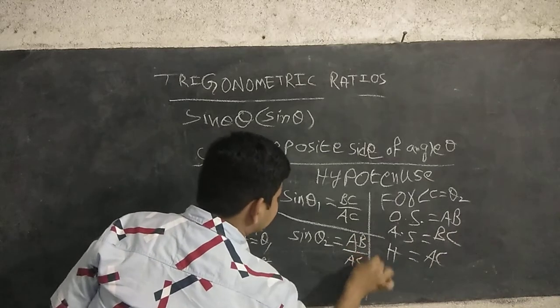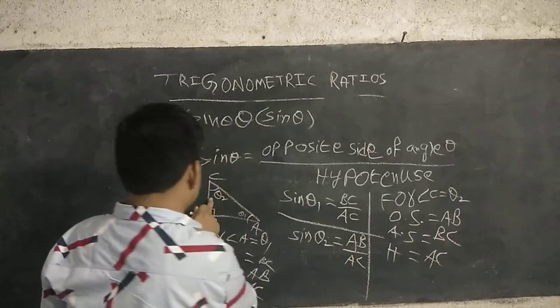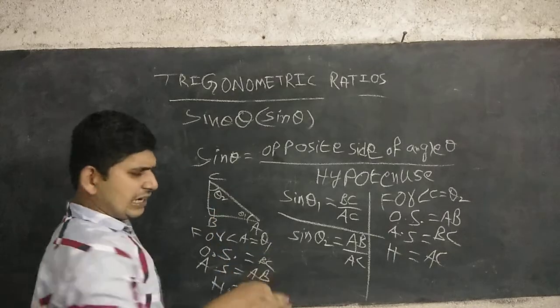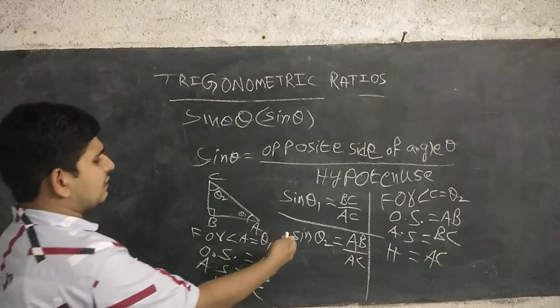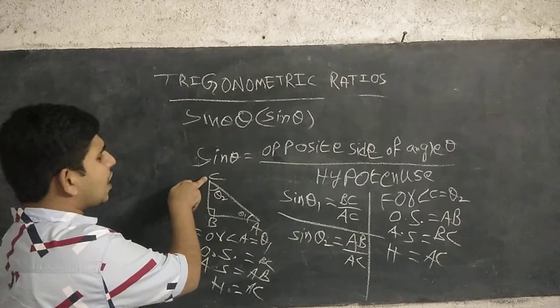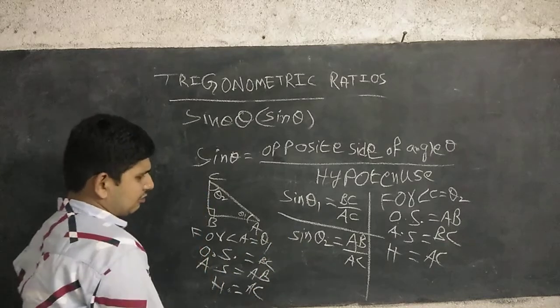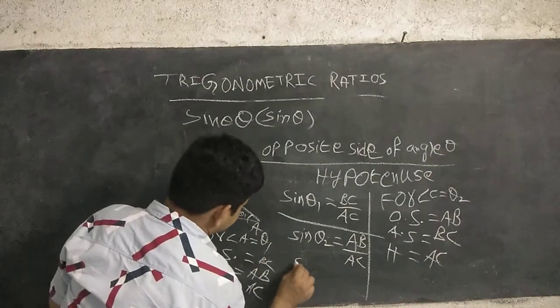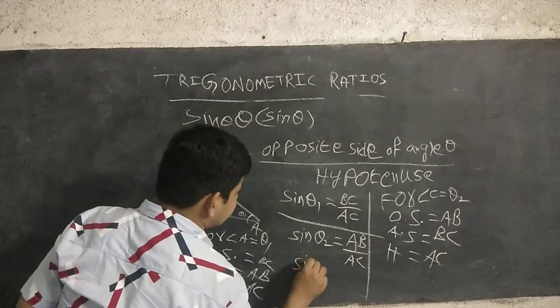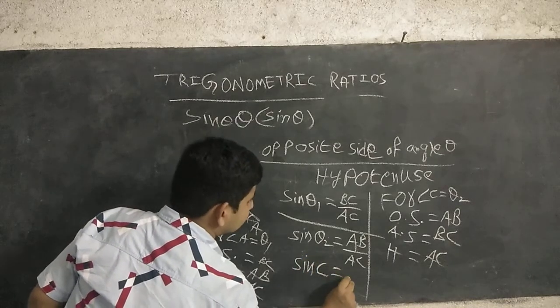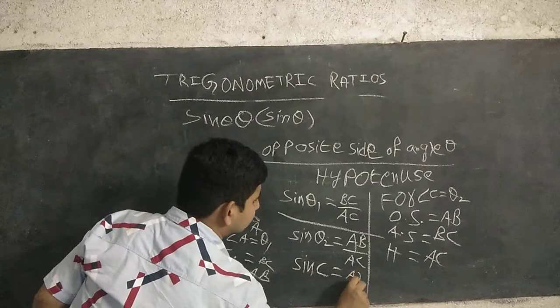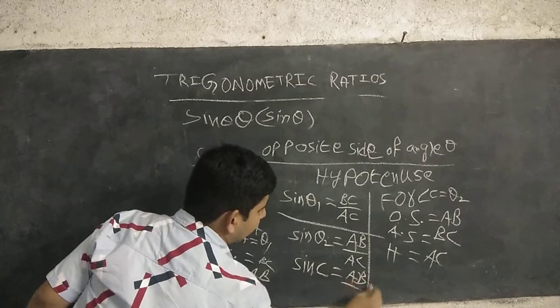If theta 2 is not given for angle C, then we can represent the angle with the point name. So sin C equals AB by AC.